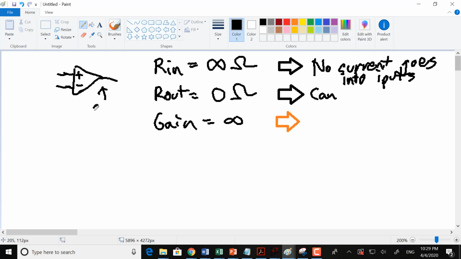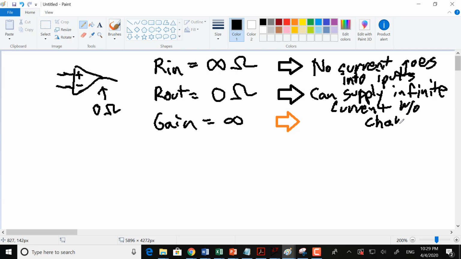If you say this circuit has an Rout of 0 ohms, what that means is, if you connect it to some other circuit that needs current to run, a low Rout means it can supply current to the next circuit without messing up its output voltage.